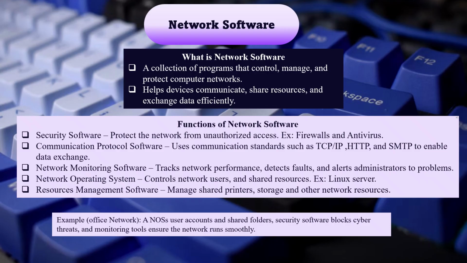There are several important functions that network software performs. Security software protects the network from unauthorized access, and common examples include firewalls and antivirus programs. Communication protocol software establishes standards such as TCP, HTTP, and SMTP to enable reliable data exchange between devices.